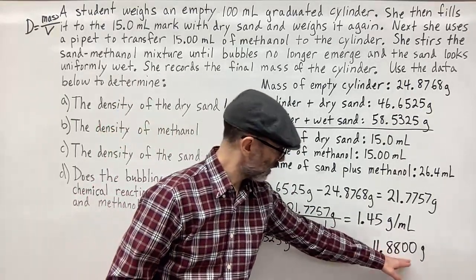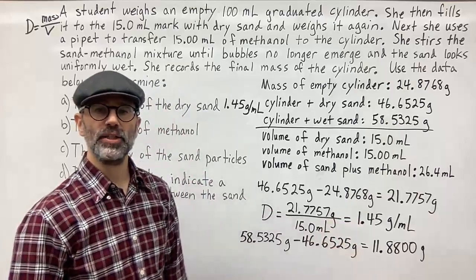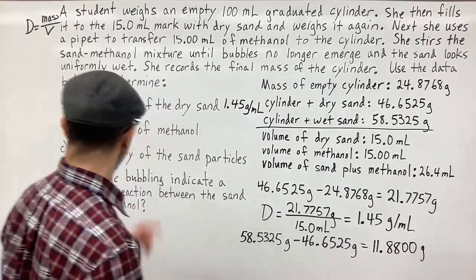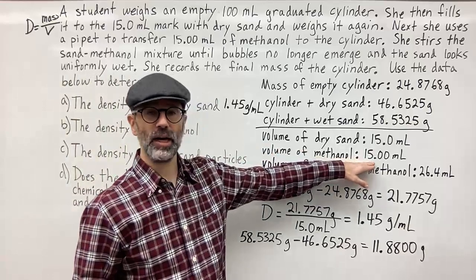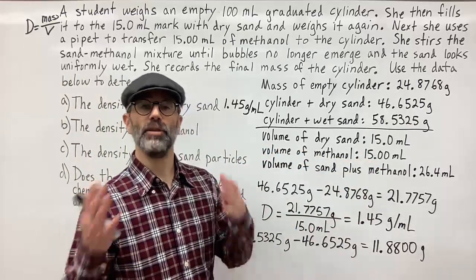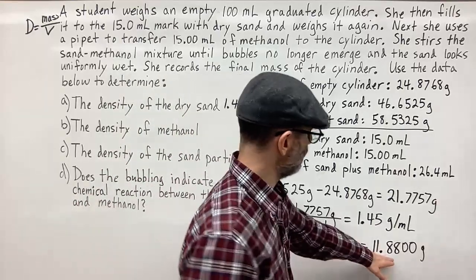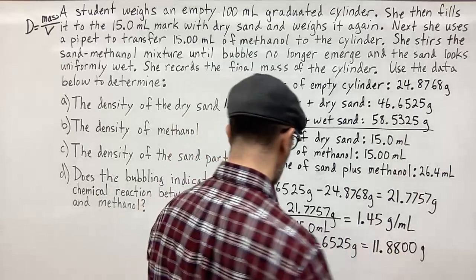Okay, so now that we have our mass, all we need to do is divide by the volume. And the volume, again, we're looking at methanol. So the volume of methanol was given here, right? We took our pipette. It was a 15 milliliter pipette. So that's the volume. So to get the density, all we do is take the mass divided by the volume.